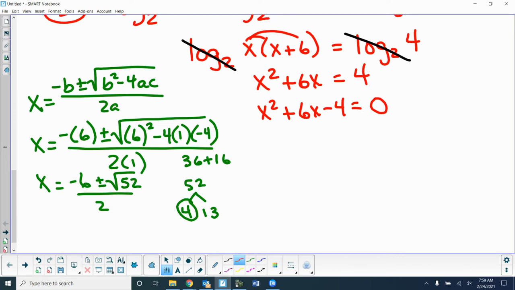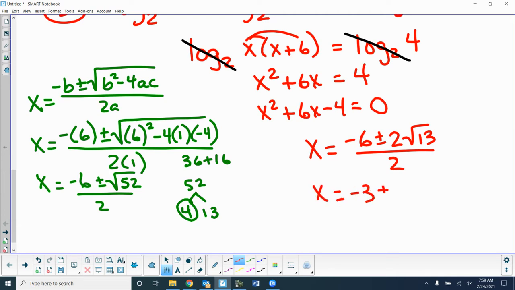So over here, I've got x equals -6 plus or minus 2 times the square root of 13, all over 2. So 52 became 2 radical 13 because the square root of 4 was a 2. Now, these are all even numbers, so I can divide all those by 2. So I get -3 plus or minus the square root of 13.